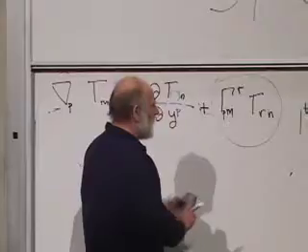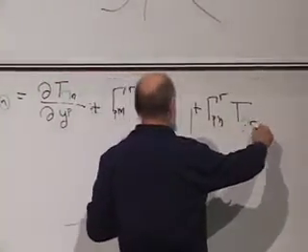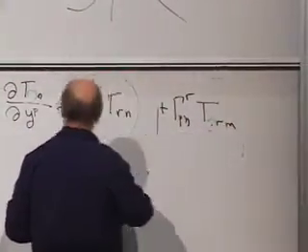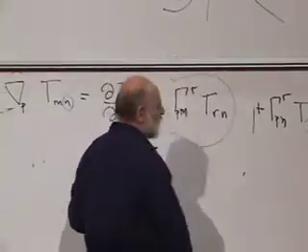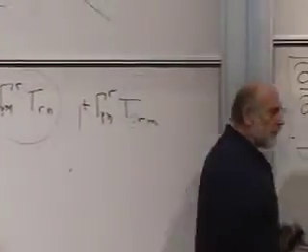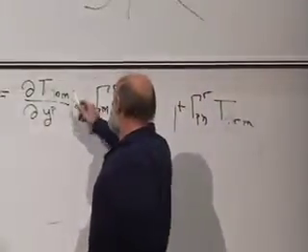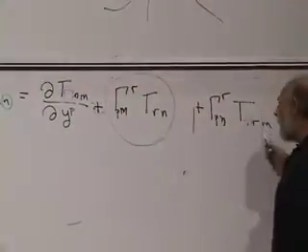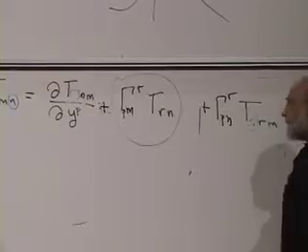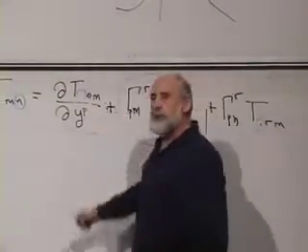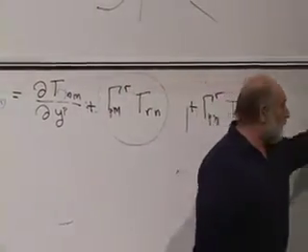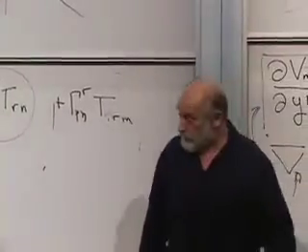You put them together, and you have the full covariant derivative of a tensor. If there were more indices, you would simply have more terms of exactly the same form, gammas times t's, but index by index, you would pretend it was a vector and do the same thing.